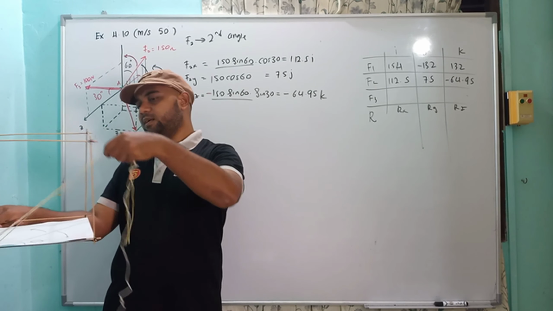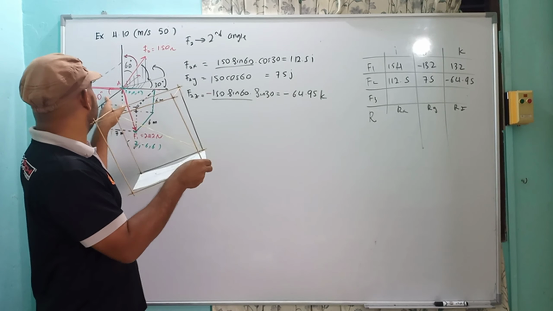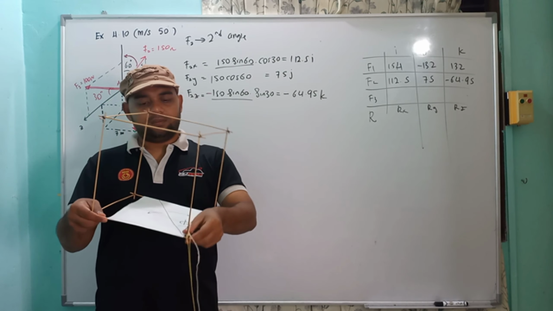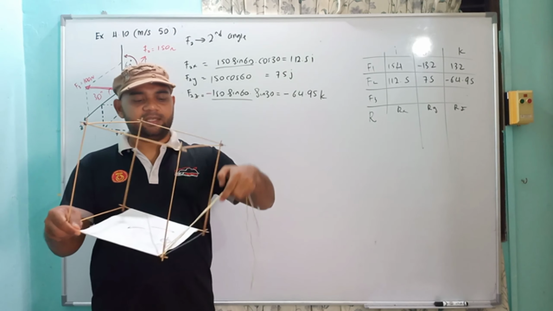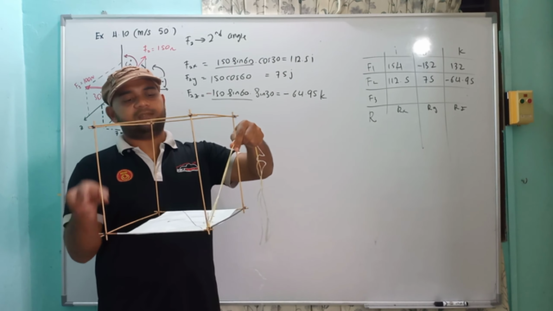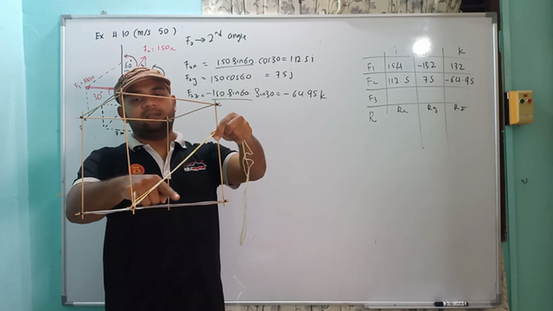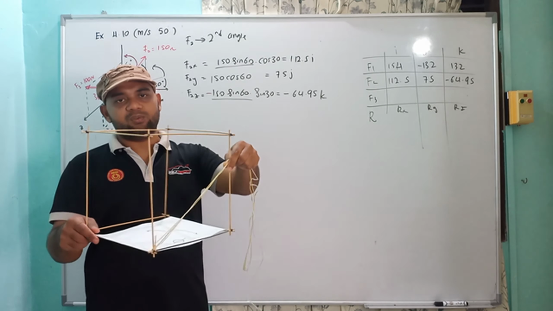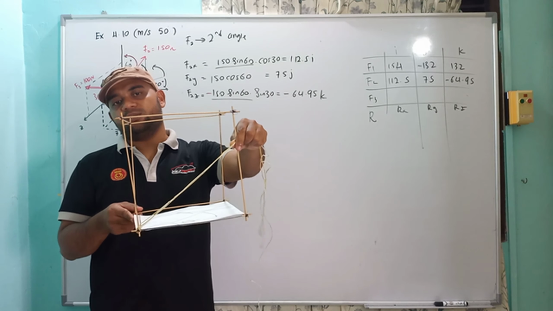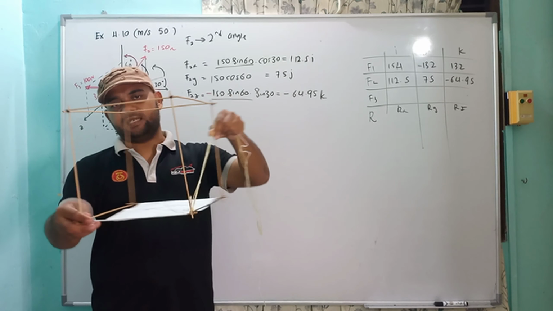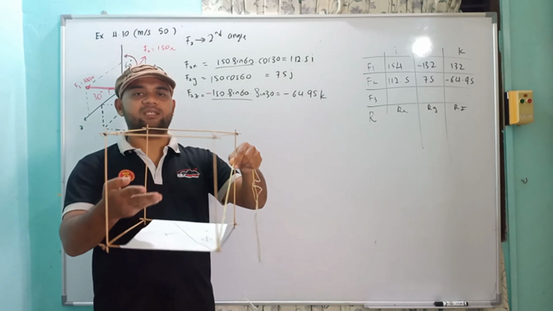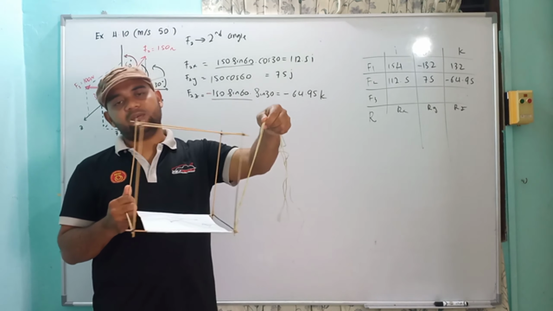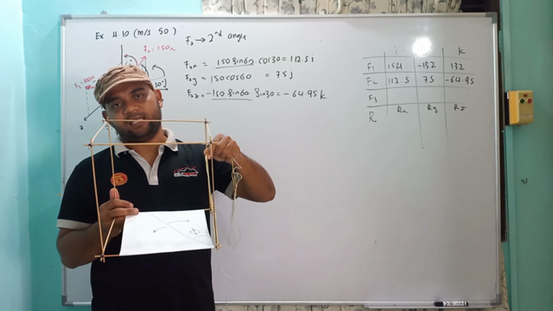The 30 degrees given is on this plane. It is not actually a 3D force, but a 2D force. Looking from this direction, it is a 2-dimensional force on the Y and Z plane. So you can directly resolve one into Z, the other one into Y.